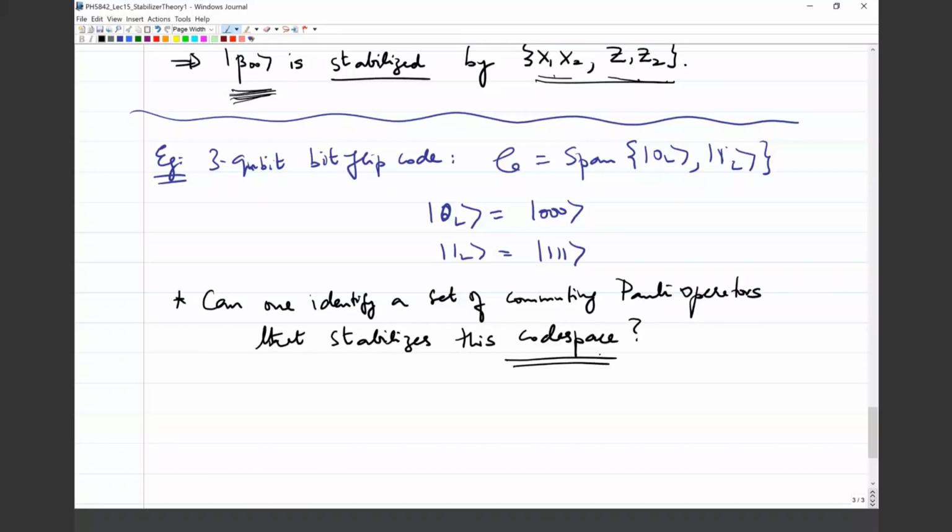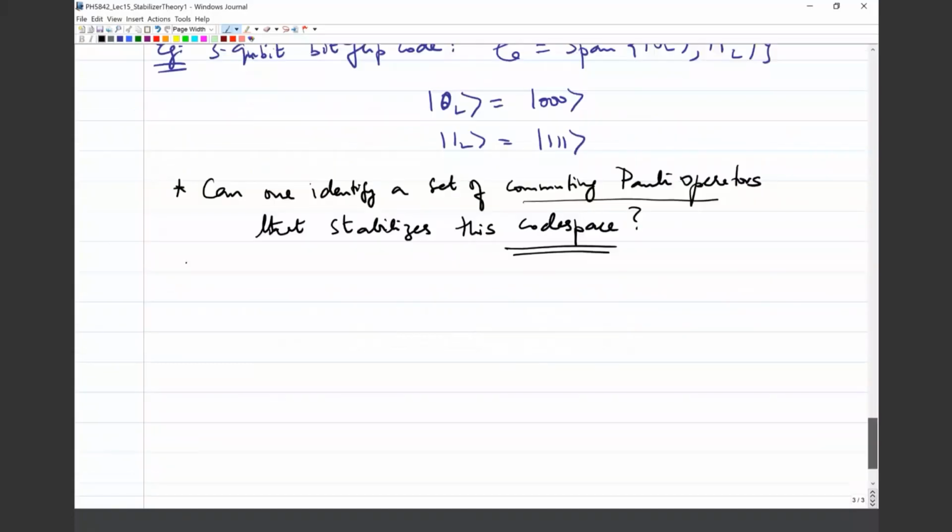So this assumes already that if a particular state, or rather if two states are stabilized by some set of operators, then a linear combination of those states also stabilizes the operators. Okay? So in some sense, this is assuming that there exists a vector space structure, right? So let's first see if that is true.